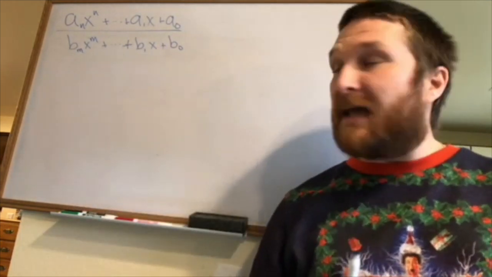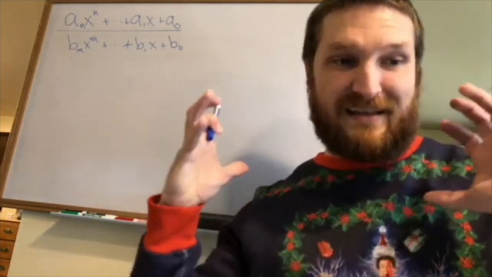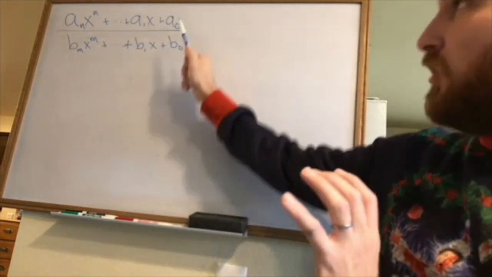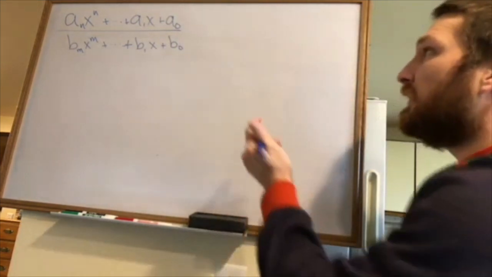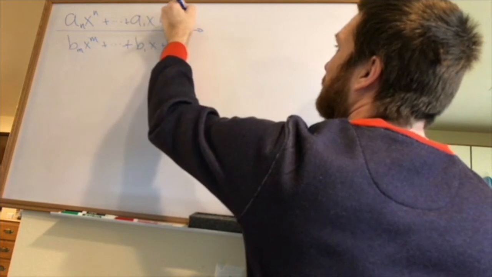I'm just really reviewing everything, but I want to give it to you all in one nice chunk. So when we have some polynomial over another polynomial, the thing we do is we first factor it.